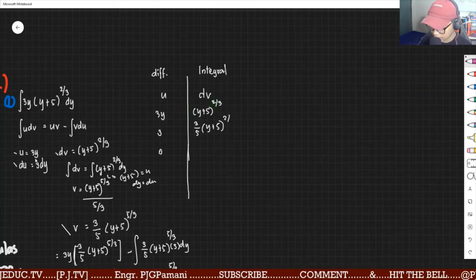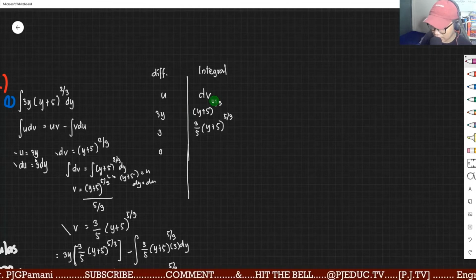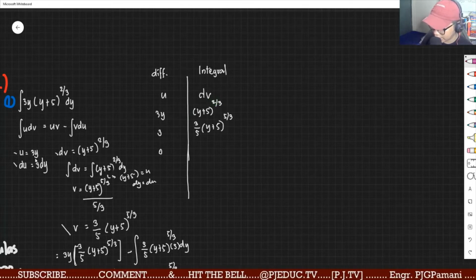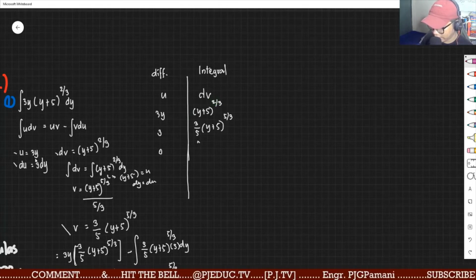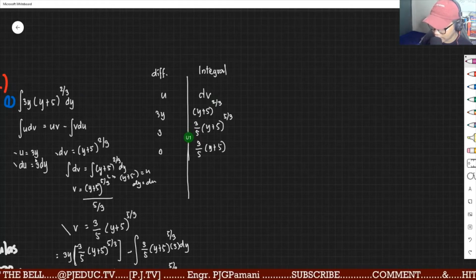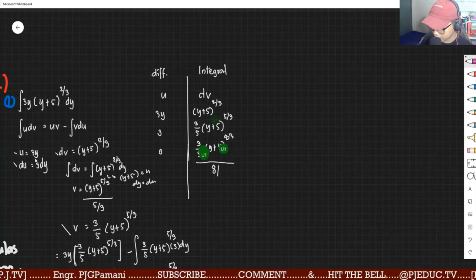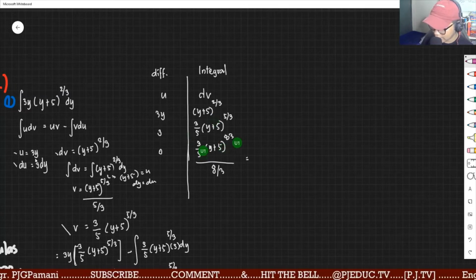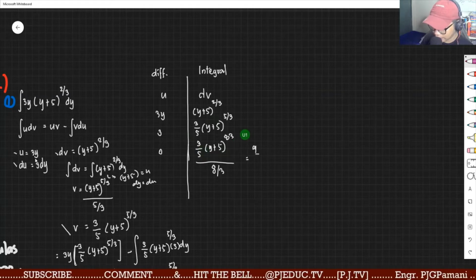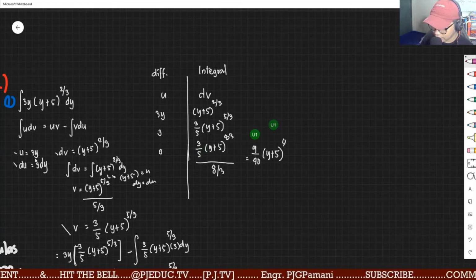5/3. Then integrate it again. That is now 3/5 times (y plus 5) raised to 8/3 all over 8/3. That is 9 over 40 times (y plus 5) raised to 8/3.